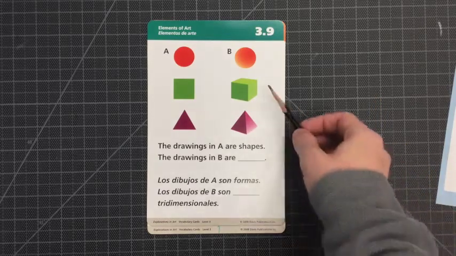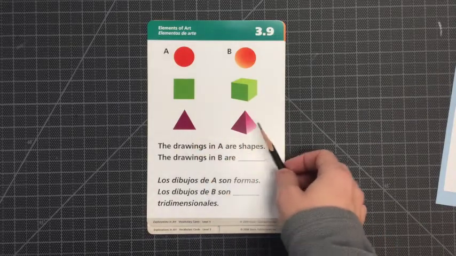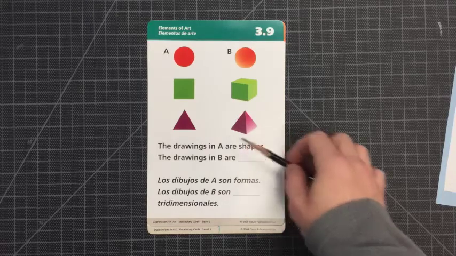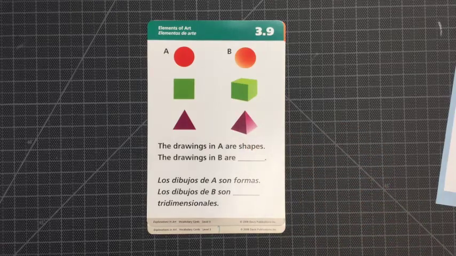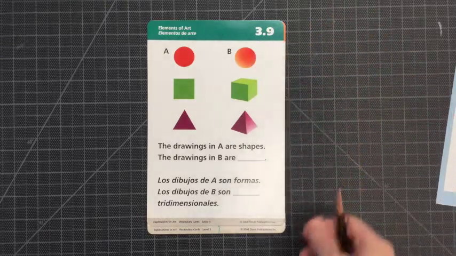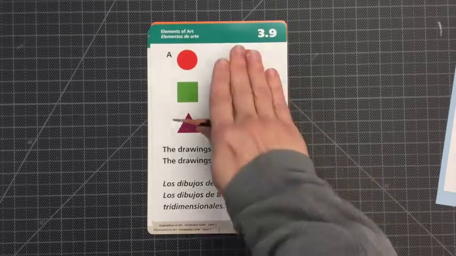That would be called a cube. And this triangle, when it's shaded to look three-dimensional, starts to look like a pyramid. All of these forms that are three-dimensional are achieved by shading.